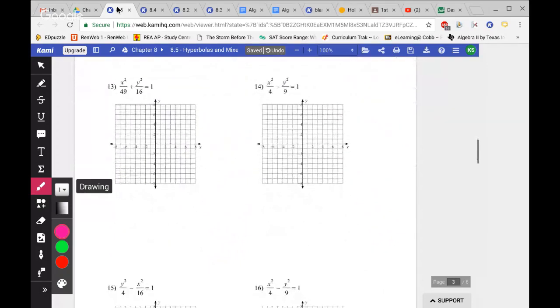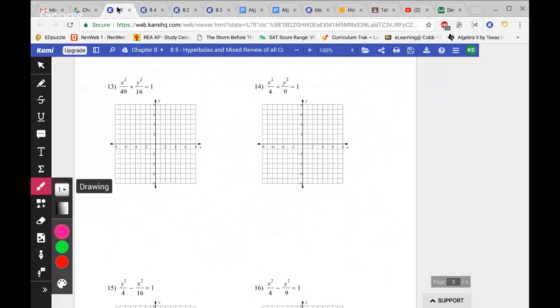Now, my ellipses are equally ugly, but these are both ellipses right here. And how I can tell that is that the right side is equal to 1 and the middle operation is plus. So if you'll look with me at number 13, 14, 15 and 16, there are similarities: they're both equal to 1.